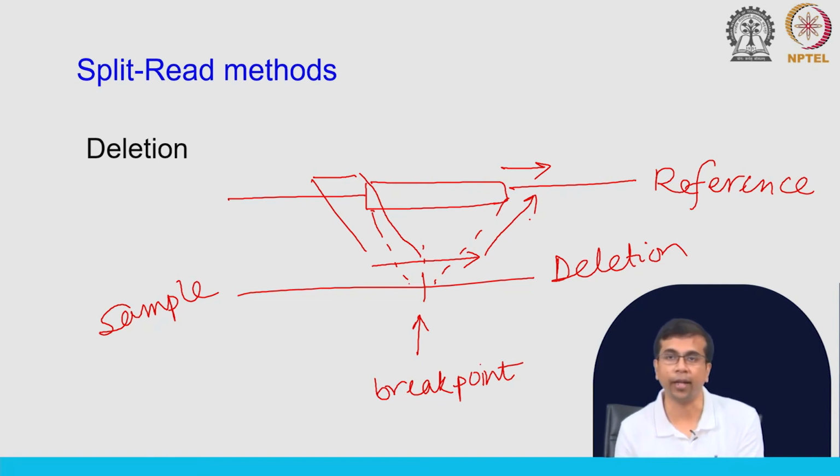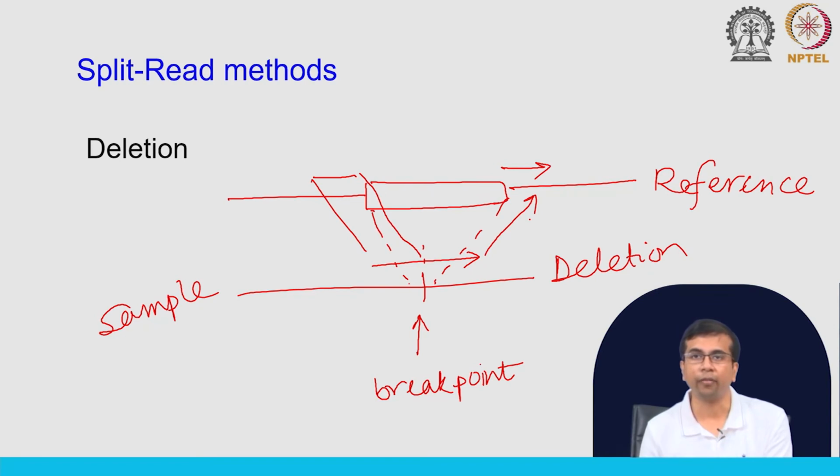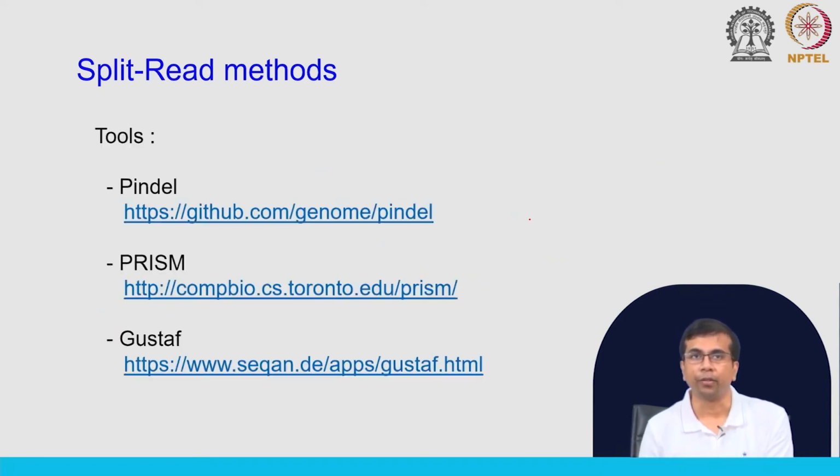In some cases you can have very complex cases, and then probably again you have to look carefully at the data. Here are some tools that use these split read methods. I have given the links, so you can look up and see how these methods implement split read methods. Of course, there are more tools out there and their implementations are slightly different, but the general principle is the same.